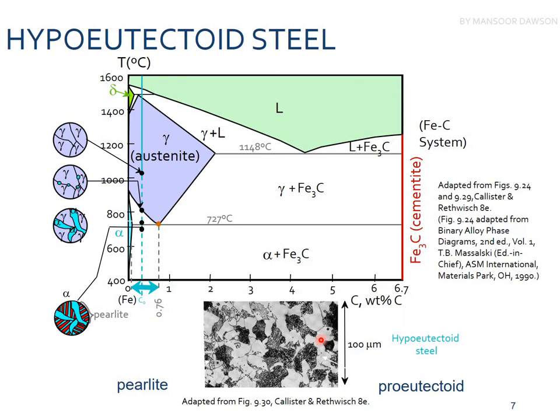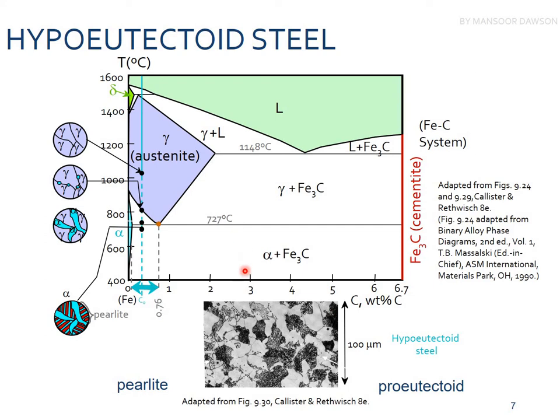Okay, so let's move forward. As we studied hypoeutectic and hypereutectic reactions in the previous lecture, part 2 of the phase diagrams lecture, now we have a hypoeutectoid steel. Let's discuss steel first of all.